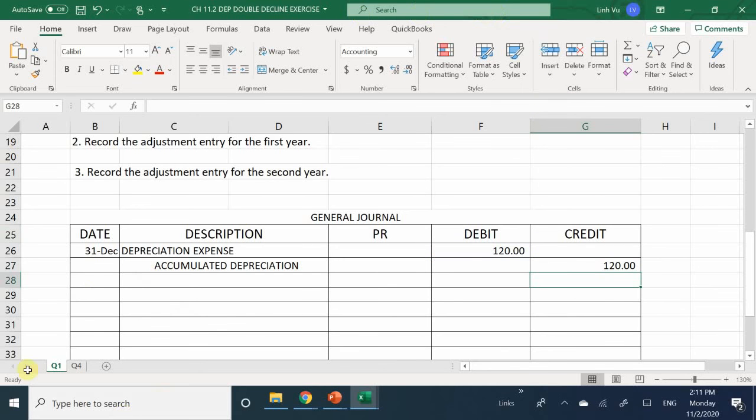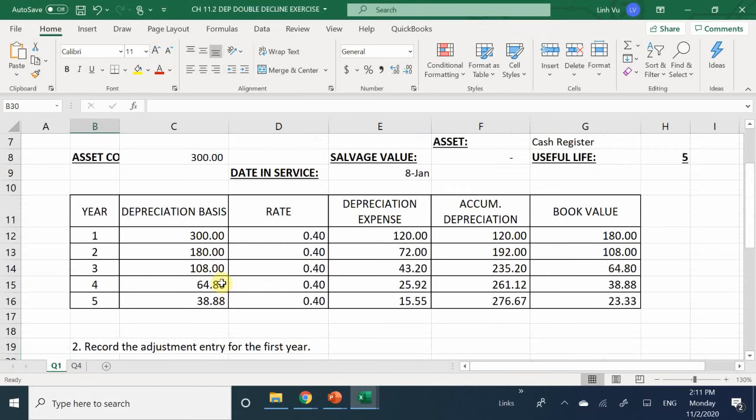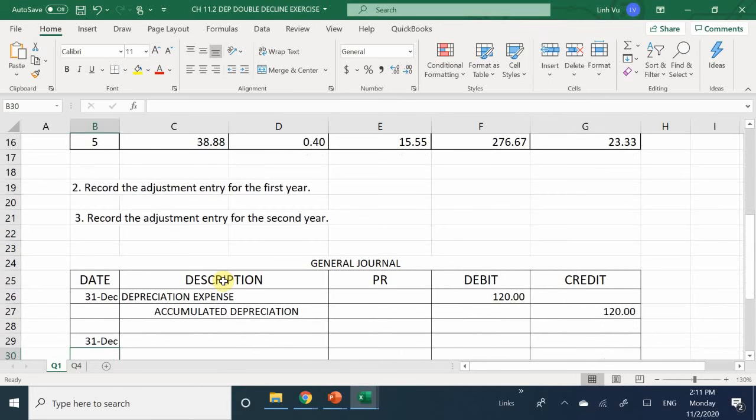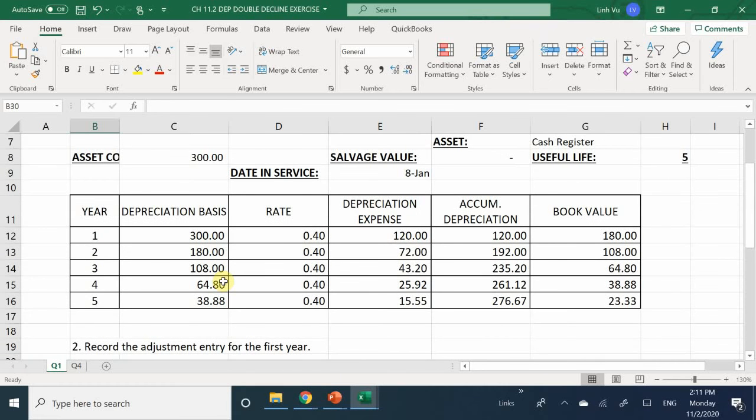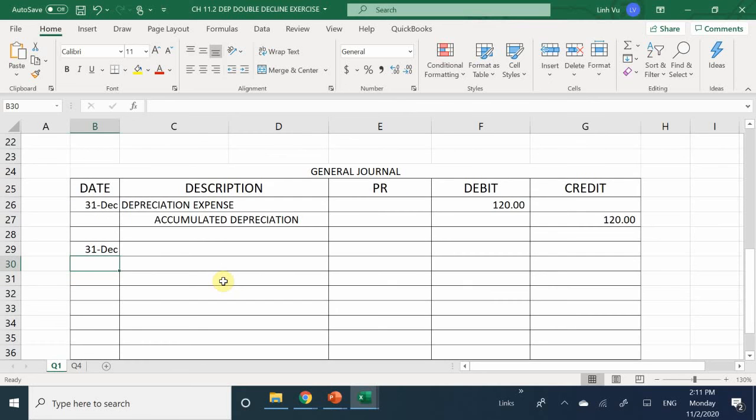Good. So then, what about year 2? What's my journal going to look like for year 2? Year 2 is going to again be the depreciation expense, and that is $72.